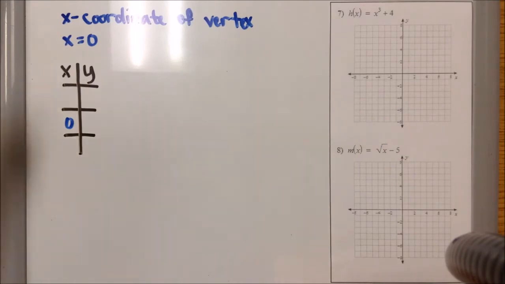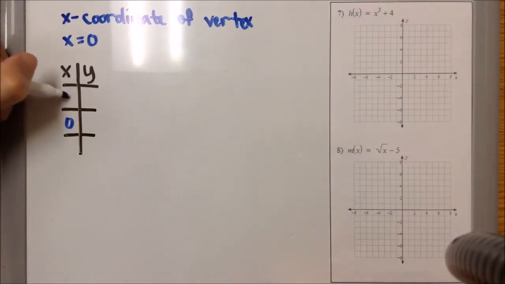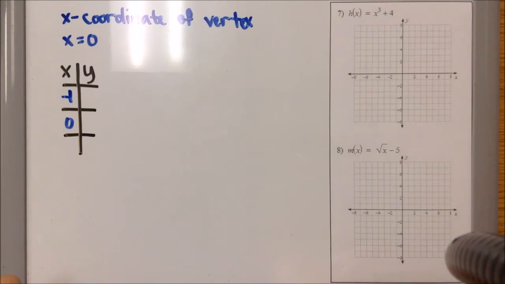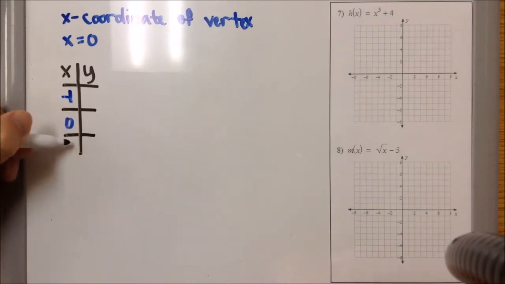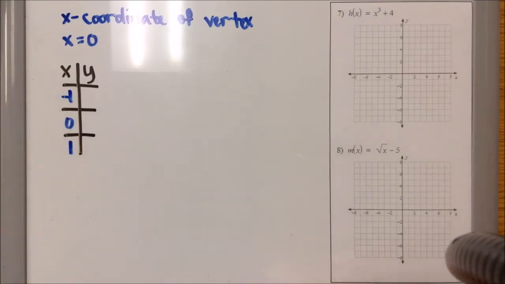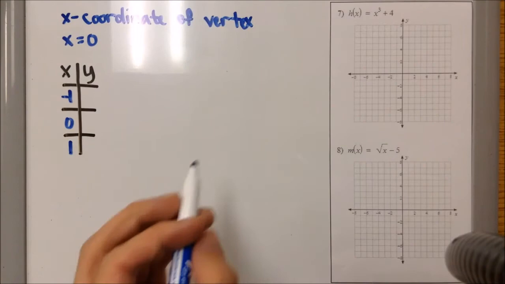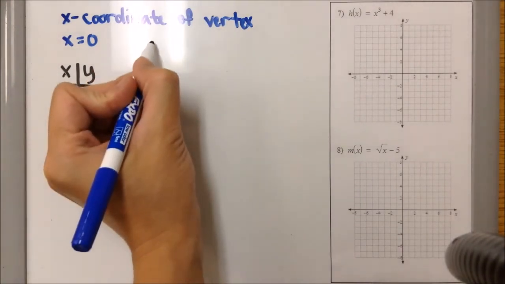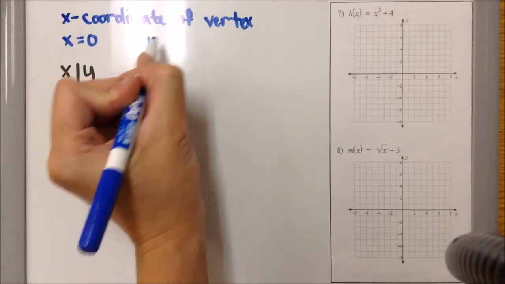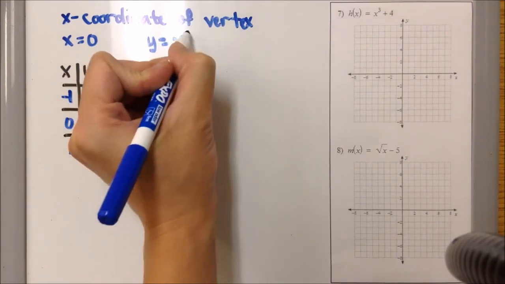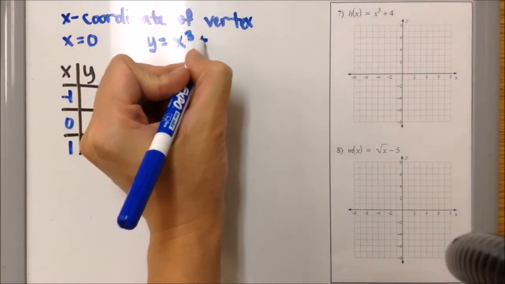Now we just need one number less than 0, which is negative 1. And then we need one number higher, so that's 1. Alright, so once we get our 3 x coordinates, we're going to plug them into this function. So instead of h of x, I'm going to say y. y equals x to the third plus 4.